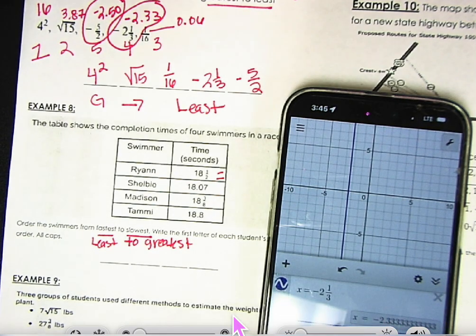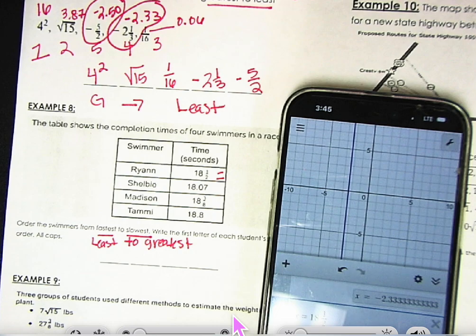So I'm going to put x equals 18, because it does have that 1/2. Remember, I have to do the fraction first. That's division. Scroll back, put 18, 1/2. So my decimal form is $18.50.